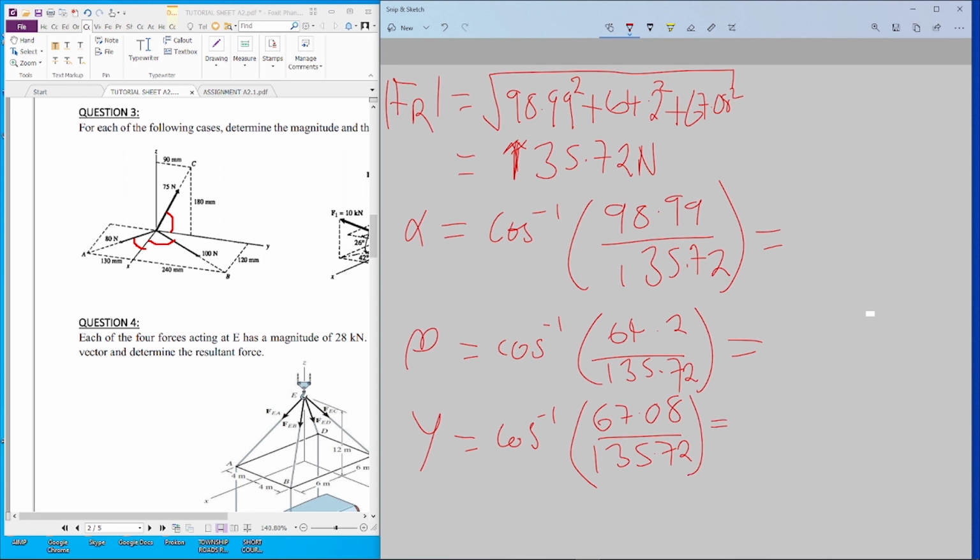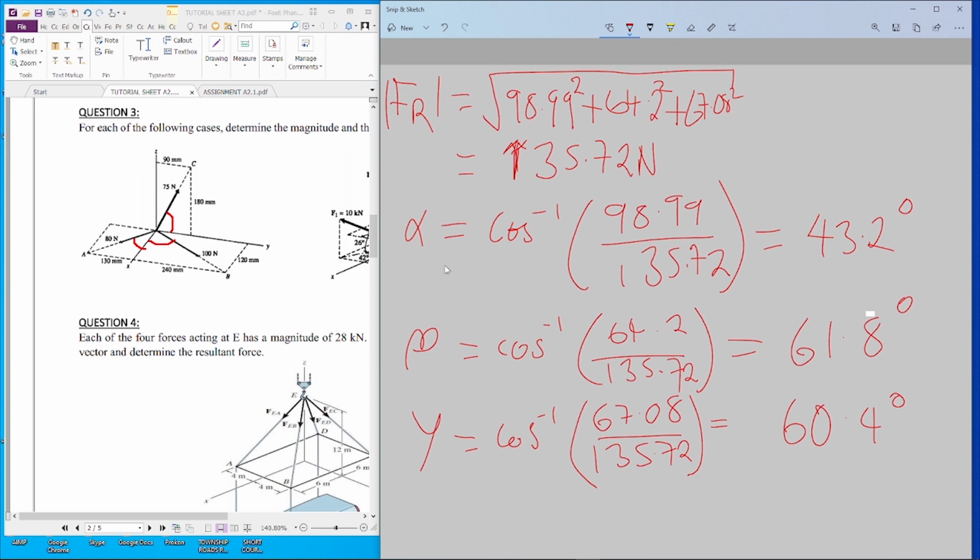And if you did so, you get your answers: 43.2 degrees, then 61.8 degrees, and then 60.4 degrees.